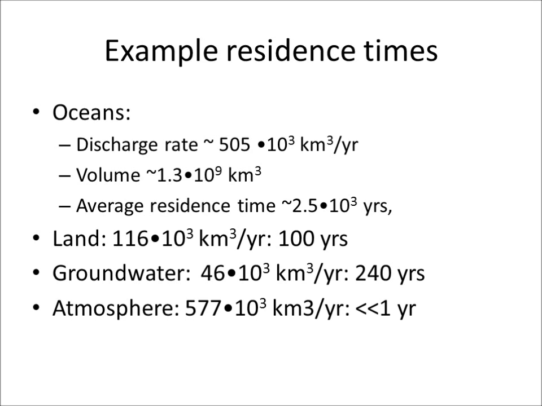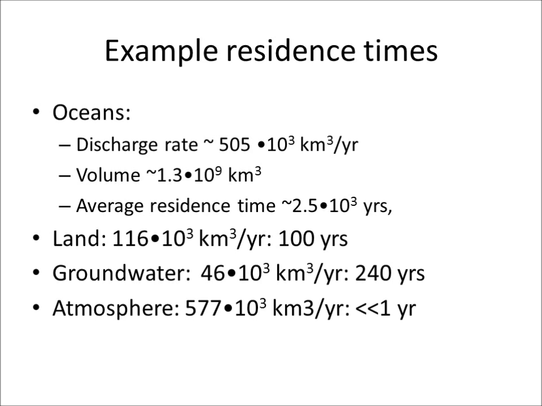So if we take our volume, 1.3 times 10 to the 9th, and divide it by our discharge rate, which is 505 times 10 cubed kilometers cubed per year, canceling units, we find that the average residence time for a drop of water in the ocean is 2.5 times 10 to the third years, or about 2,500 years.